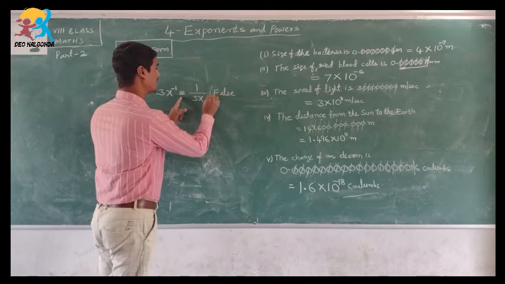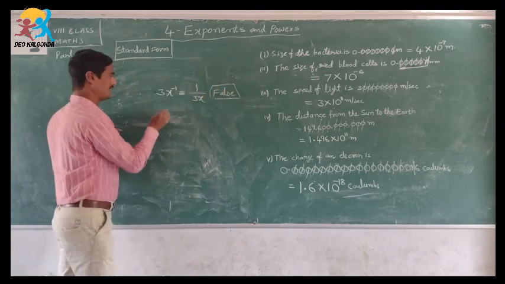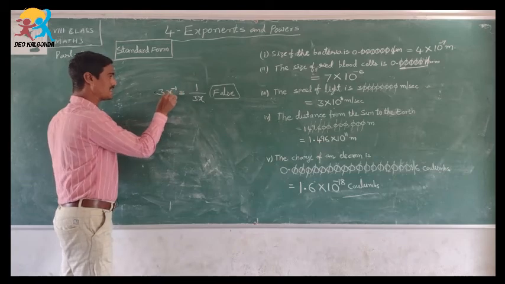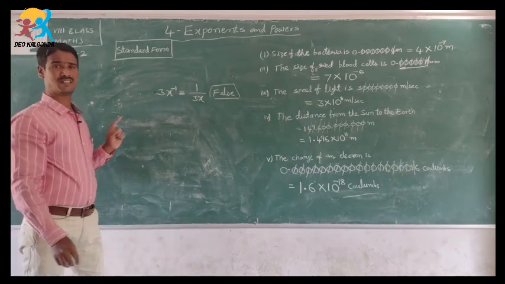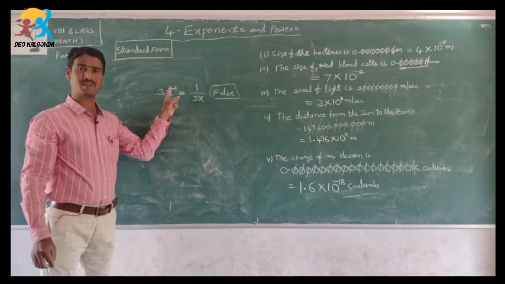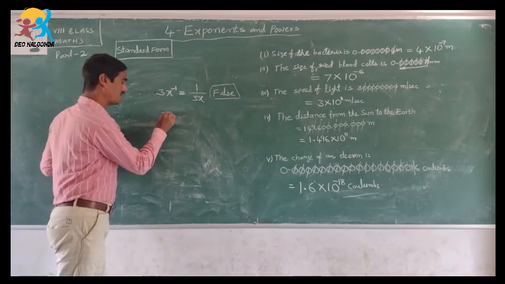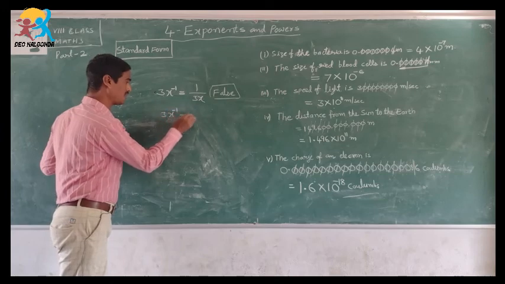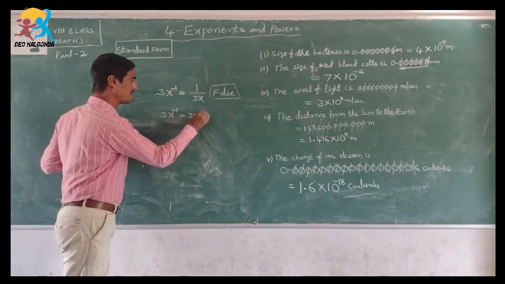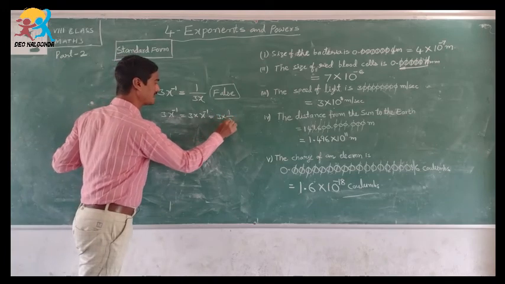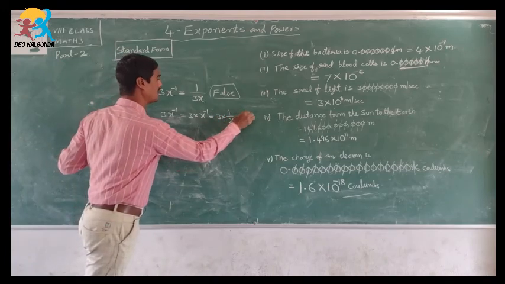Because the exponent minus 1 is on the base, and what is the base here? x only. The exponent is only for base x. So we have to write 3x power minus 1 equal to 3 into x power minus 1, so 3 into 1 by x. So we get 3 by x.